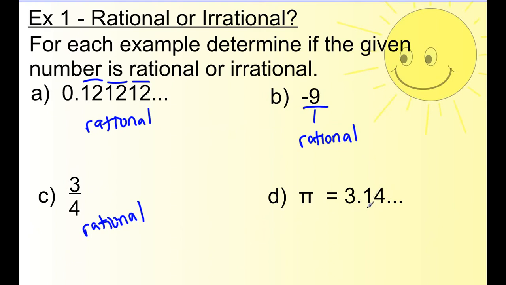This decimal, if you would look at it on a computer or look it up on the internet, you would see it's a number that does not stop. It goes on forever, and it does not have a repeating pattern. Like this first number was like 1, 2, 1, 2, 1, 2. There is no repeating pattern that continues forever in pi. So this number is irrational.